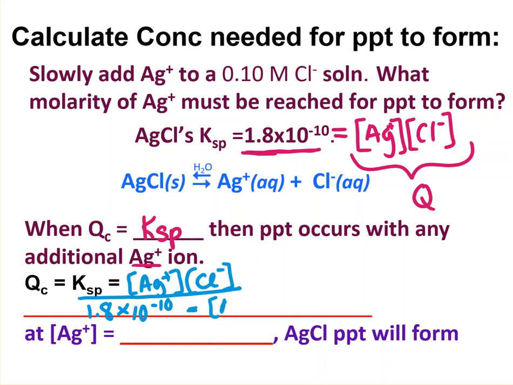And the silver concentration is what we're asked to find. And we were given a chloride solution. We were told its concentration. And so all we need to do is figure out what concentration here, if we're adding silver from something else, to get up to this Ksp. And so you just solve.